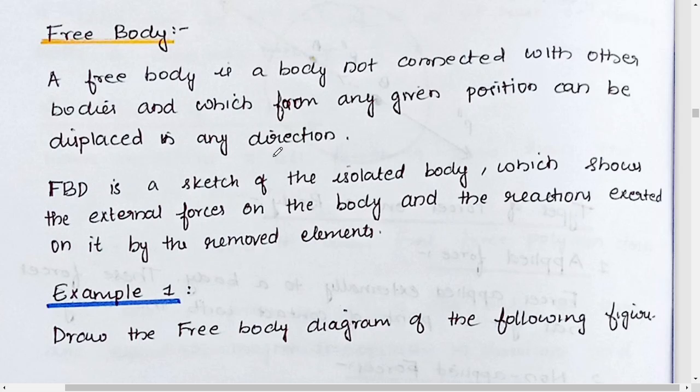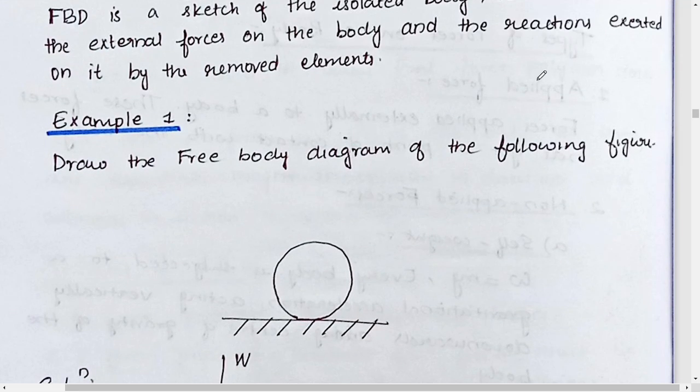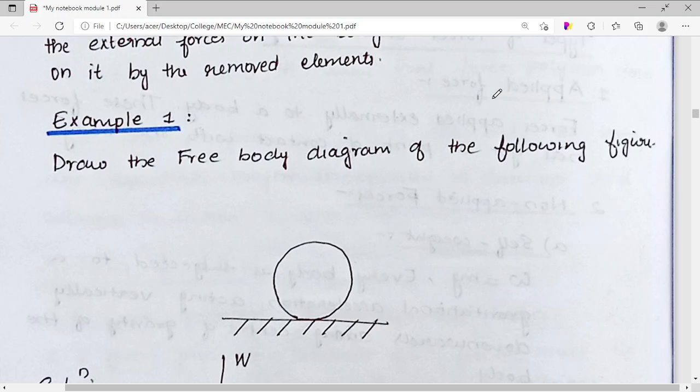So a free body diagram is a sketch of the isolated body which shows the external forces on the body and the reactions exerted on it by the removed elements. Okay, I hope you understood. I'll show you an example here.